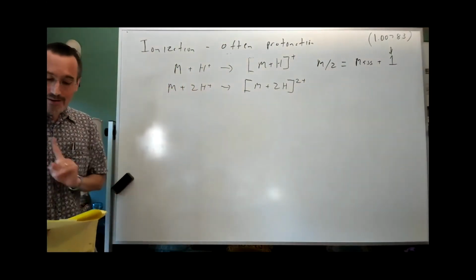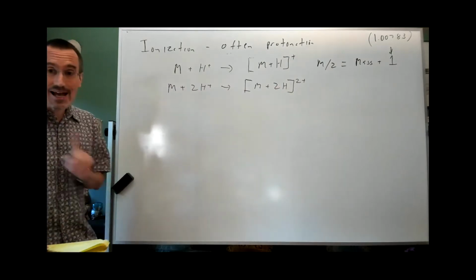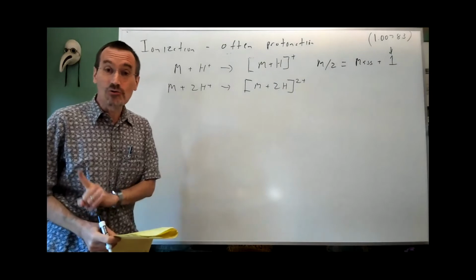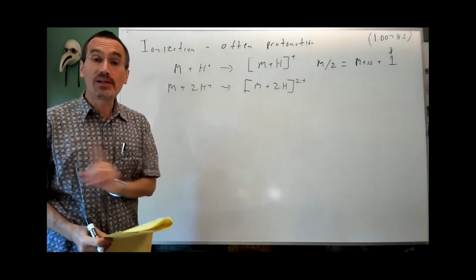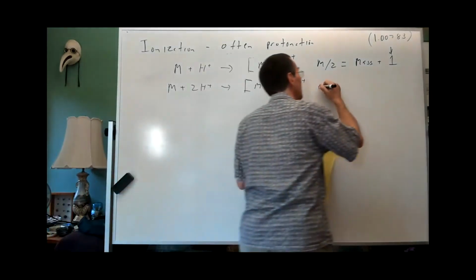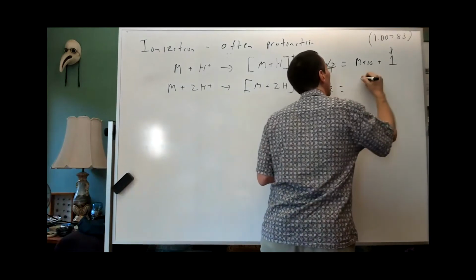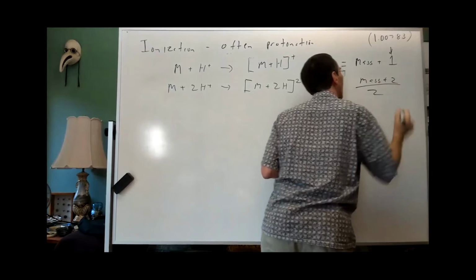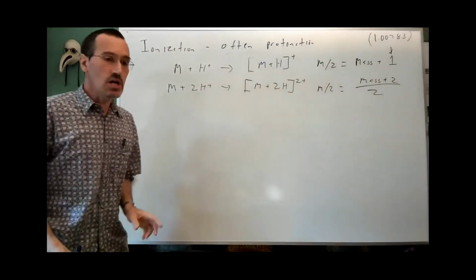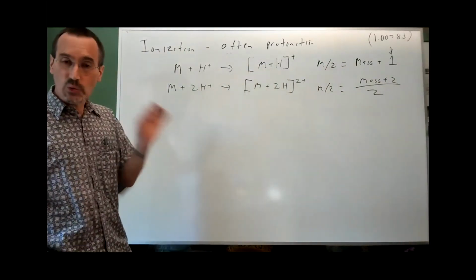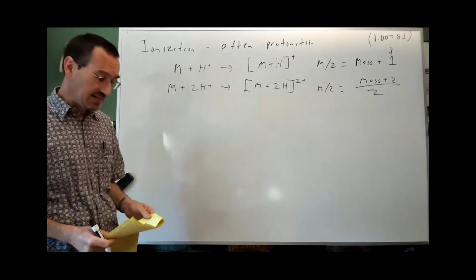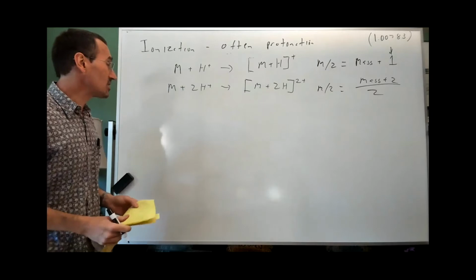Now, our M to Z is not going to be M plus 1 or M plus 2, but it's going to be M plus 2 divided by 2. And so it's going to be twice the molecular weight, or more specifically, twice the exact mass, plus 1.